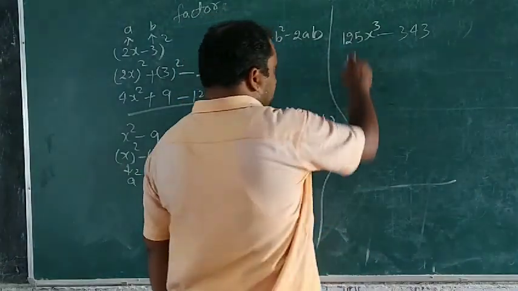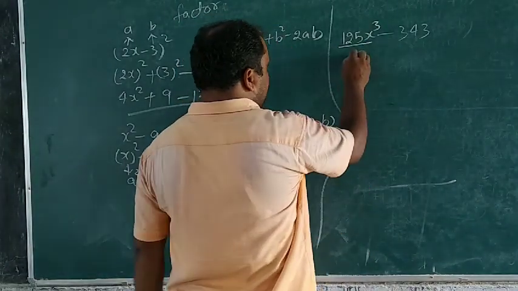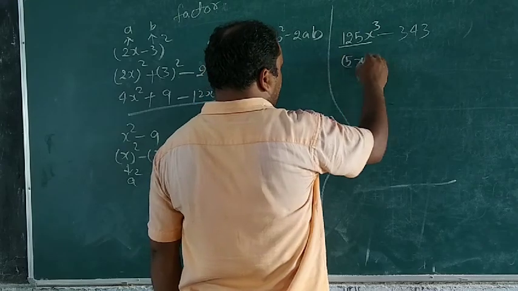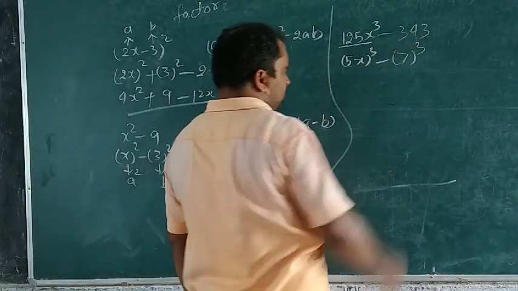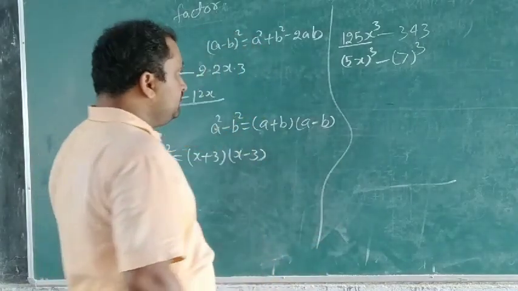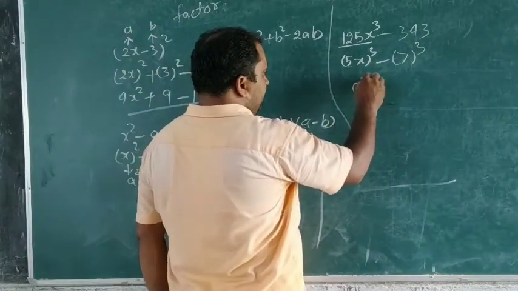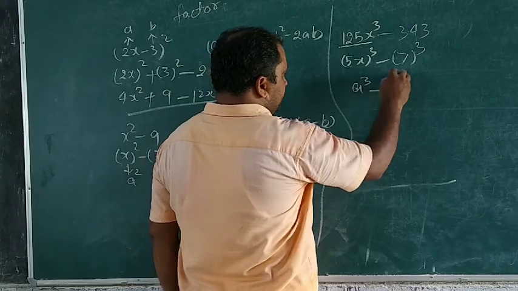This is in the form of 5x का whole cube minus 7 का whole cube. This is the type of a cube minus b cube.